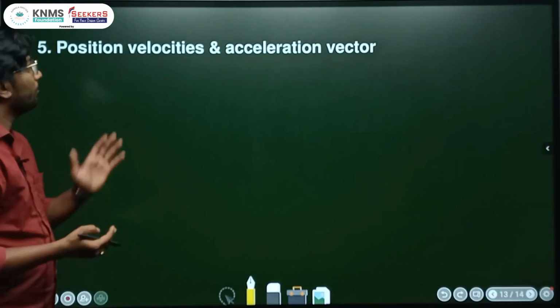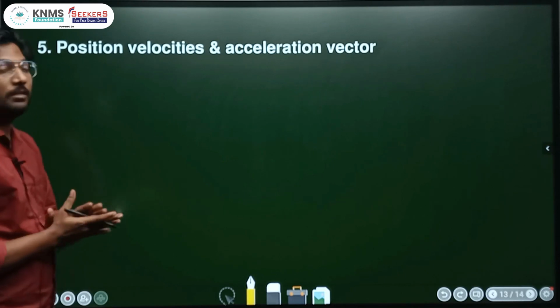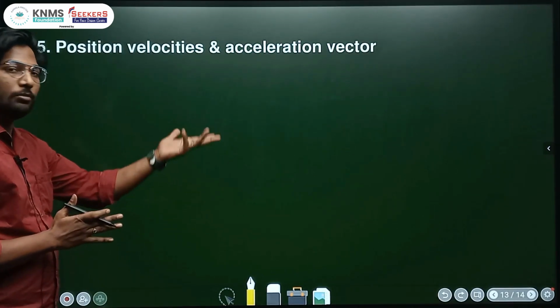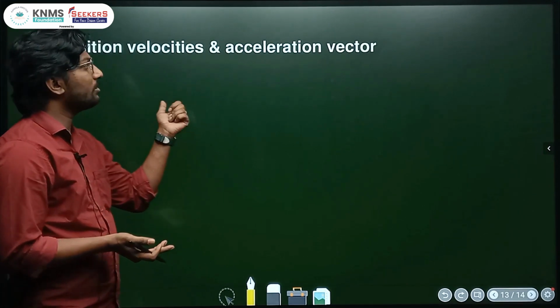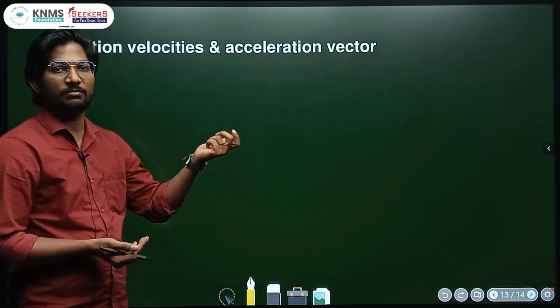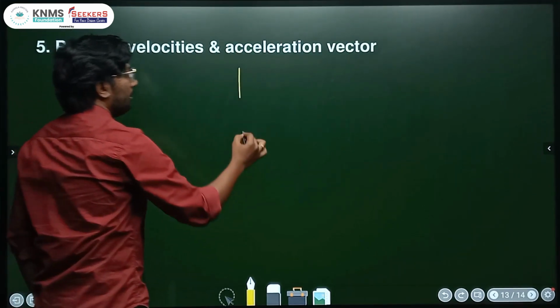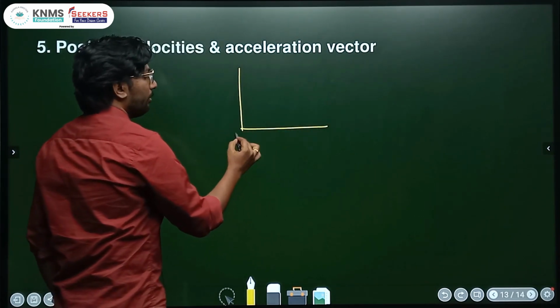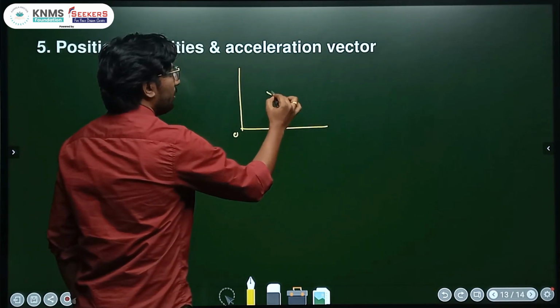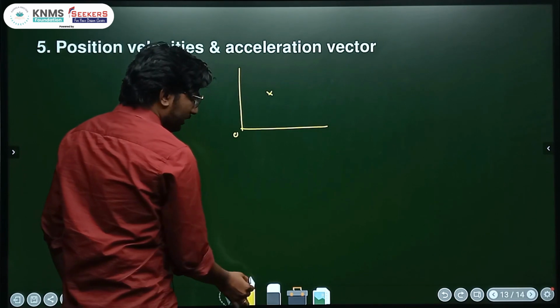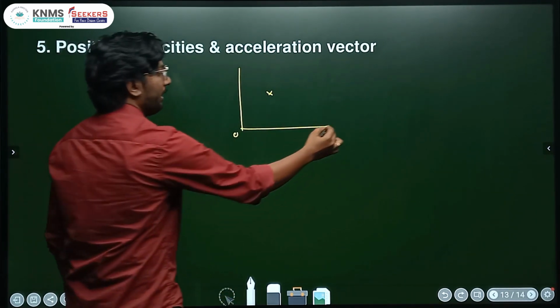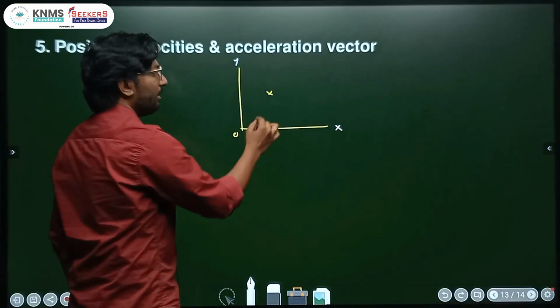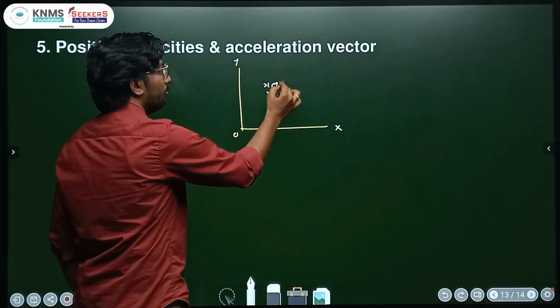So the next topic, position, velocity and acceleration vectors. This is in a two-dimensional plane. So in a two-dimensional plane, how do we write the velocity vector, position vector and acceleration vector? See, with respect to any frame of reference, if a particle is over here, in your 10th standard you would have marked this as coordinates x comma y on an xy plane.